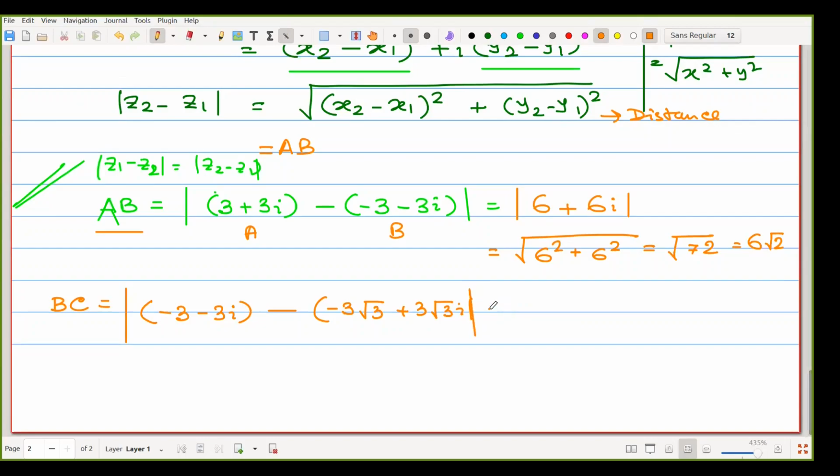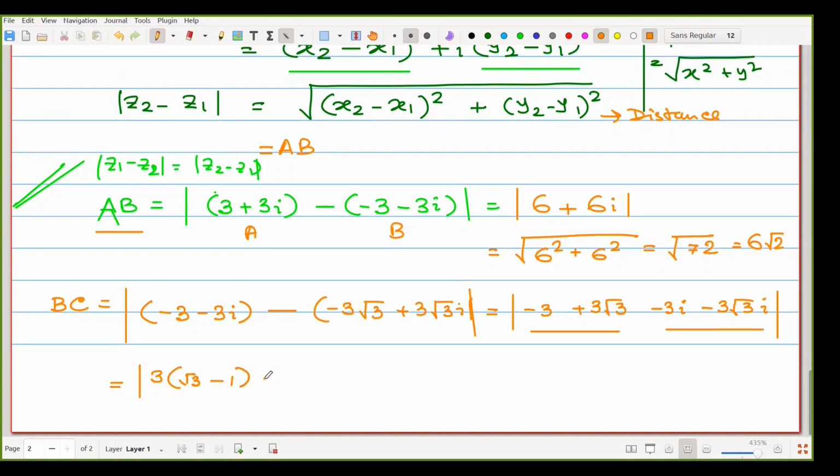That means minus 3 plus 3 root 3, that is the real part, and minus 3i minus 3 root 3i, that is the imaginary part. So the real part can be written as 3 of (root 3 minus 1).